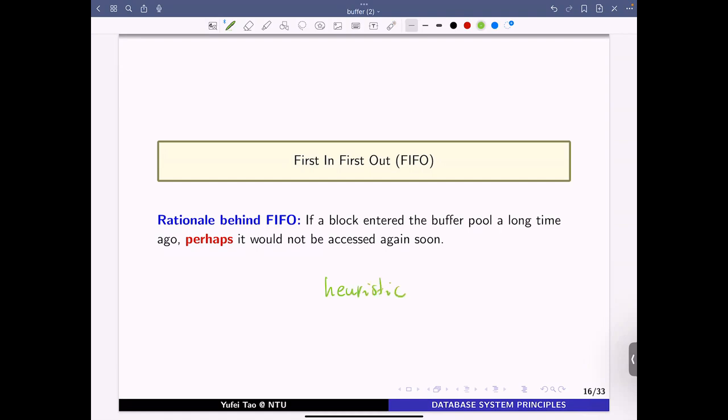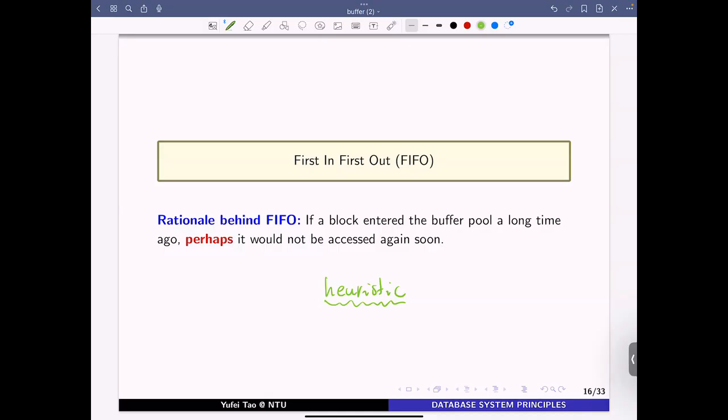A heuristic is something that's probably true, but we cannot prove it. The idea here is, if a block entered the pool a long time ago, it's an old block, and maybe, just maybe, it would not be accessed anytime soon.